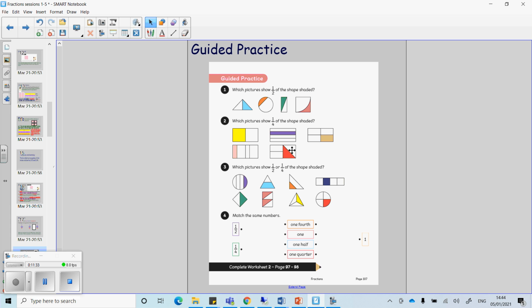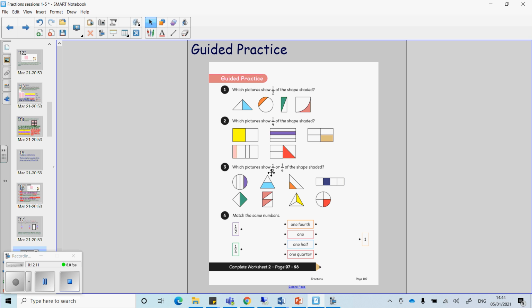While they don't look the same, I can see that if I folded this piece of paper, these triangles on top of each other, they would be exactly equal. And if I folded these 2 rectangles on top of each other, they would be exactly equal. And finally, if I folded these 2 squares on top of each other, they would be equal. Wow, that's a tricky question. This is actually showing 1/4.